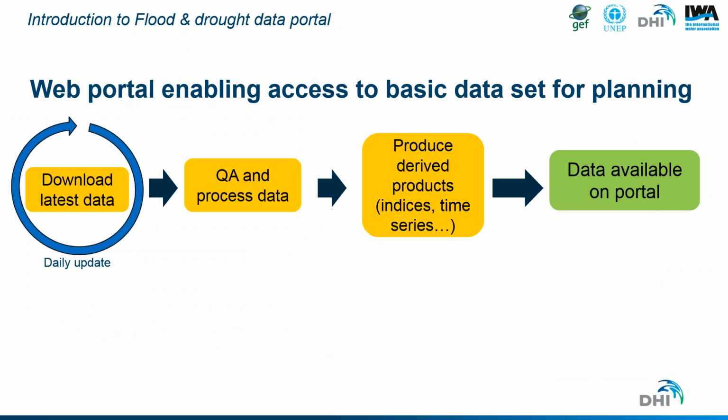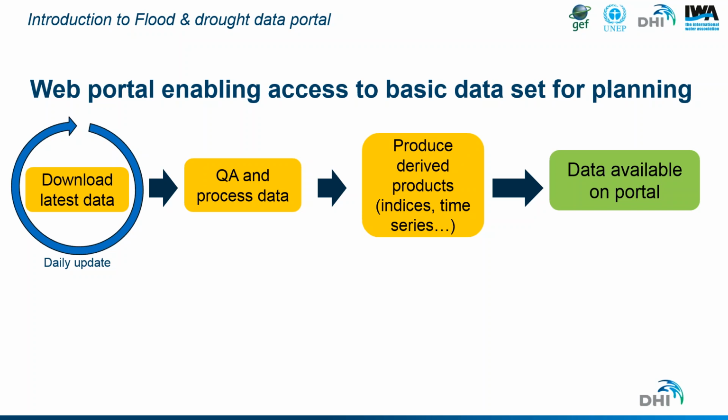To support the use of model and satellite based data in planning, we have developed an automated process which runs on a daily basis. So every night we are looking at different data servers to check if there's any available data. Then we download the latest data, we QA them, we reproject them, and we convert them into NetCDF formats to make them available.